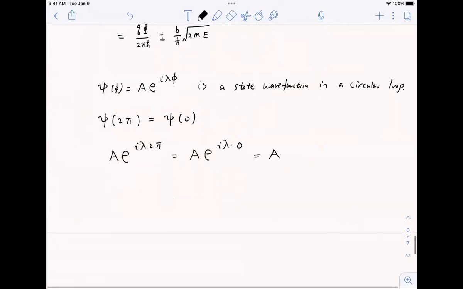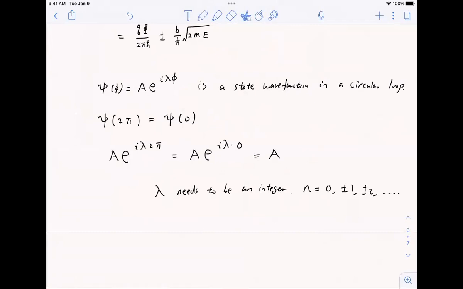Okay, so that means lambda needs to be an integer. It can be n: 0, plus minus 1, plus minus 2, dot dot dot.